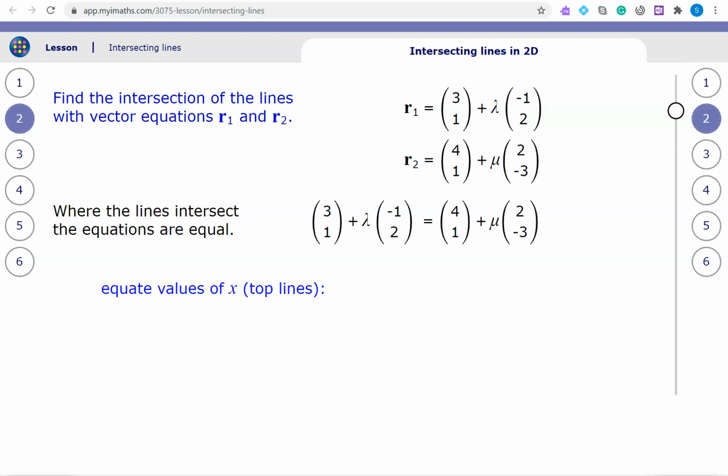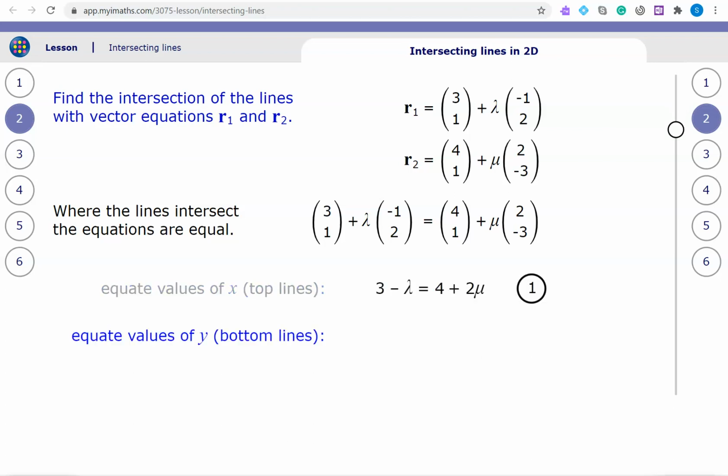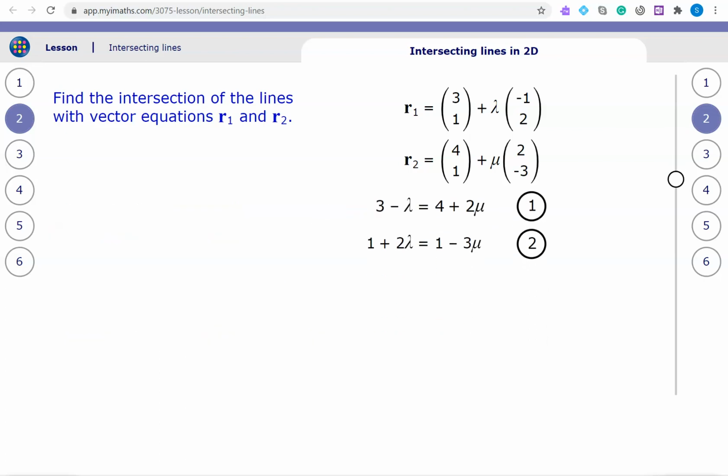Now I can equate the top lines, because obviously they have to be the same, and I can equate the bottom lines, because they'll also have to be the same. Now I've got 2 equations and 2 unknowns, so I can use simple simultaneous equations to go ahead and solve those 2.